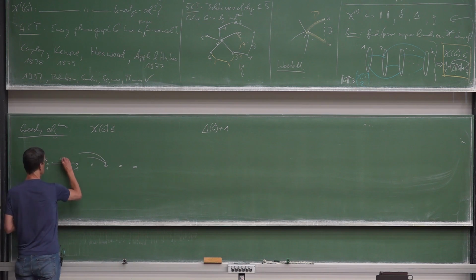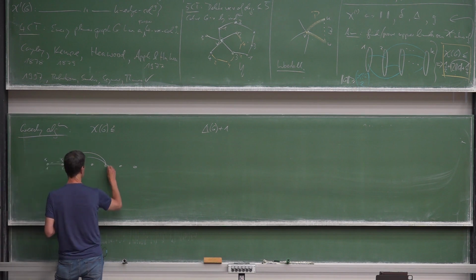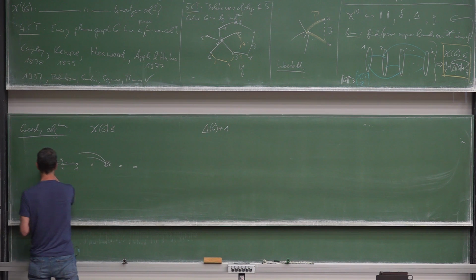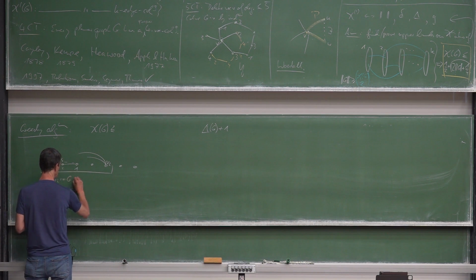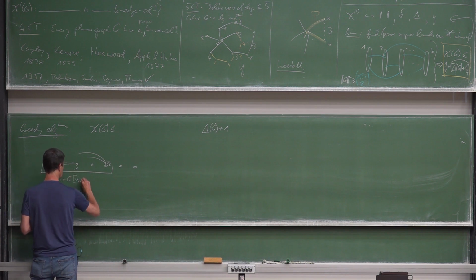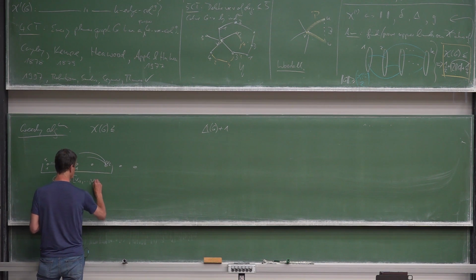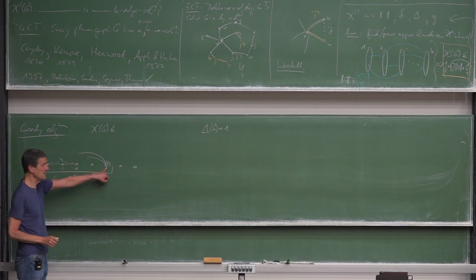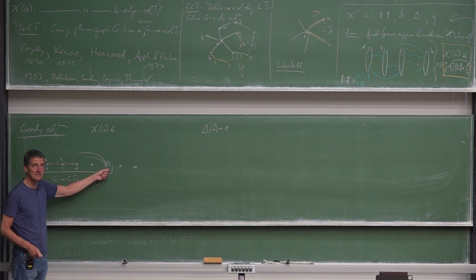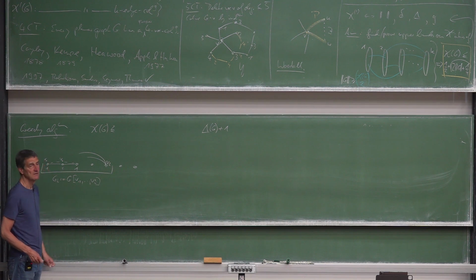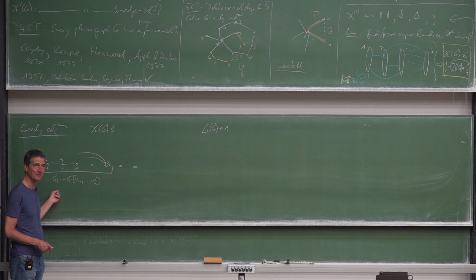So if we have V1, V2, and so on, and this is Vi, in Gi, the subgraph induced by the vertices V1 to Vi, we want Vi to have small degree. So why not try to give it the minimum degree of this subgraph? Well, it's not an obviously clever idea, but one can work a little to show it is a clever idea.